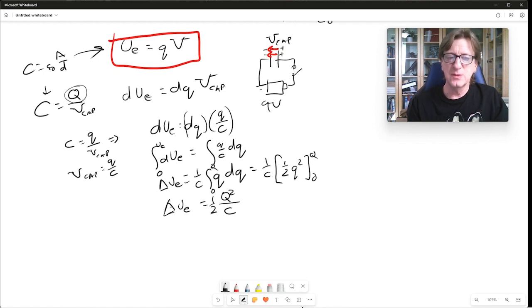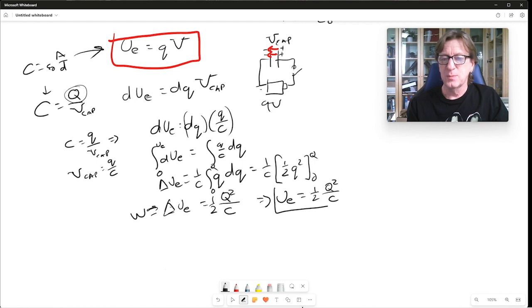Now, this quantity, the delta UE, you also know that that's also the work. That's how much work I have to do to actually charge this. So that if I started with 0 potential energy, the potential energy I have at the end of the day, as soon as this thing is fully charged, then it's going to be UE. So this is one expression for the electric potential energy that is stored in the capacitor.